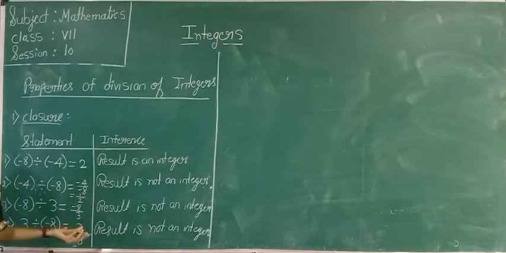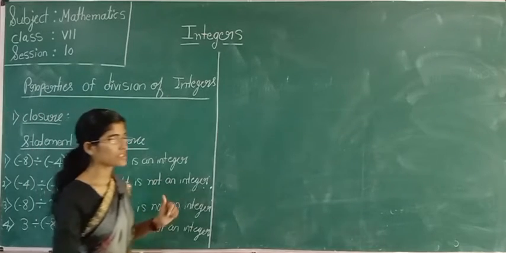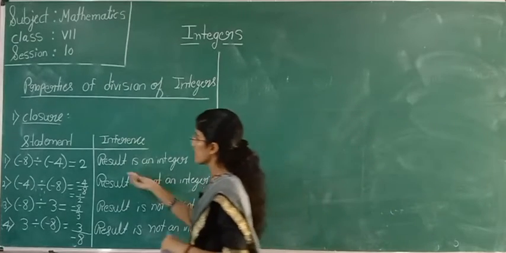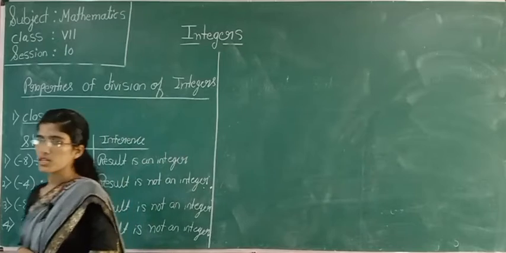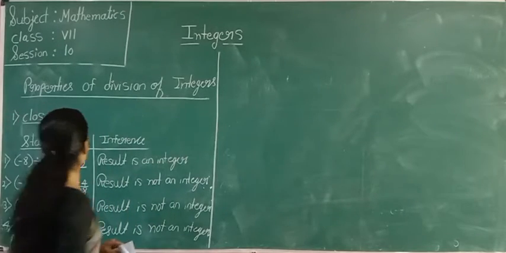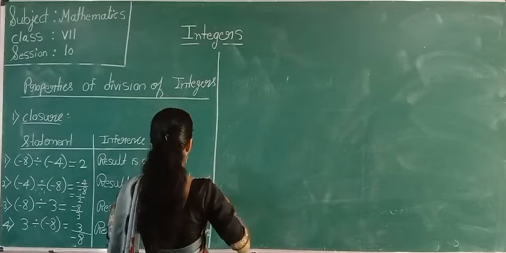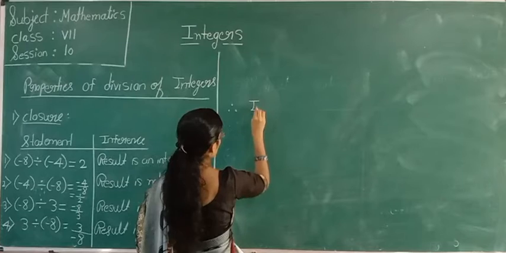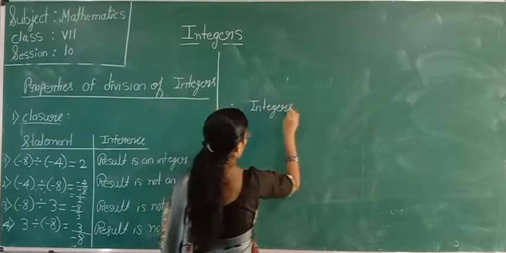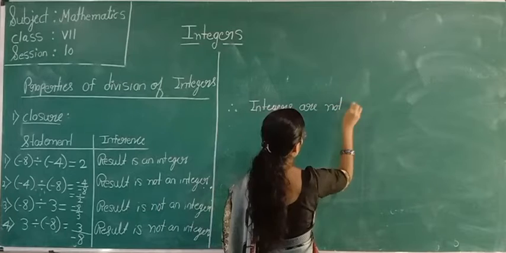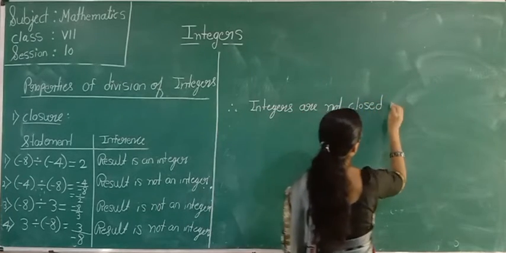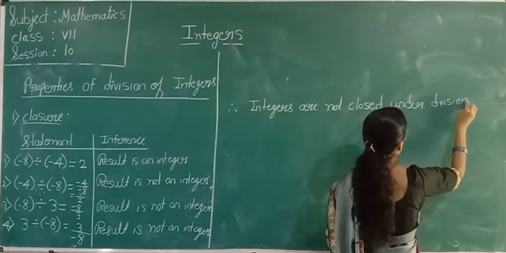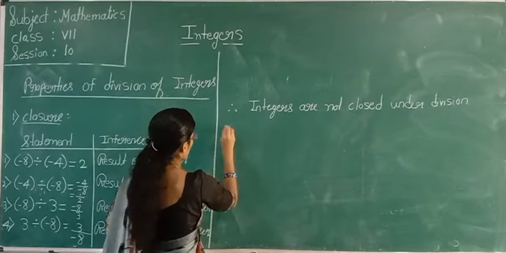Therefore, addition, subtraction and multiplication of integers are closed, but integers are not closed under division. Okay. So next we will see commutativity.